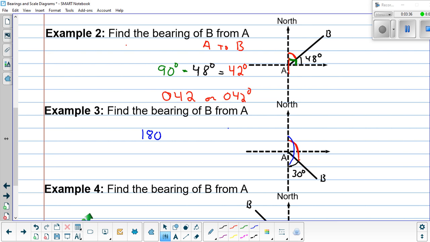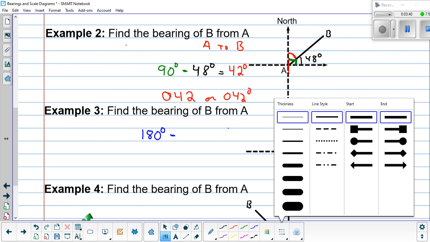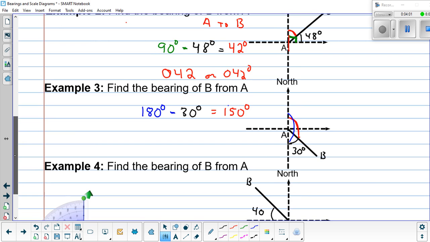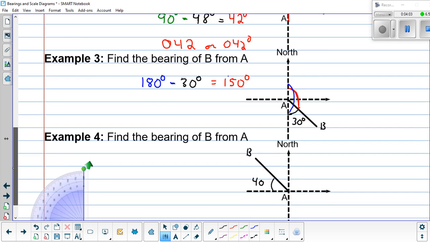So if we just want to take away that little part in black, just like we did last time, because we know that south is 180, we do minus 30 degrees, and we find out our bearing will be 150 degrees. So we're just using little properties of our compass point bearings, or just properties of angles.